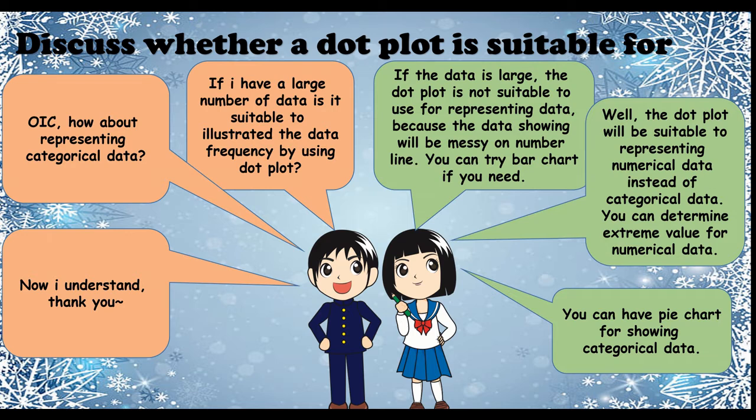How about categorical data, for example, favorite color? Respondents would answer red, green, pink, and so on. But if you want to put it on a number line, I cannot say how to arrange the number line, so it is not suitable, not valid. I can only see which one will be the highest.